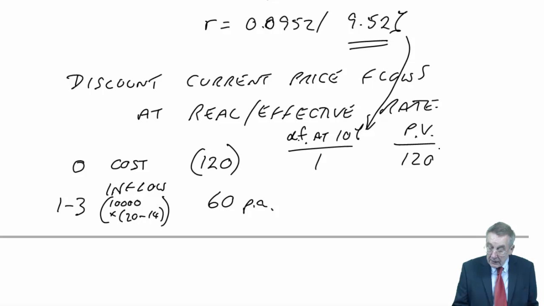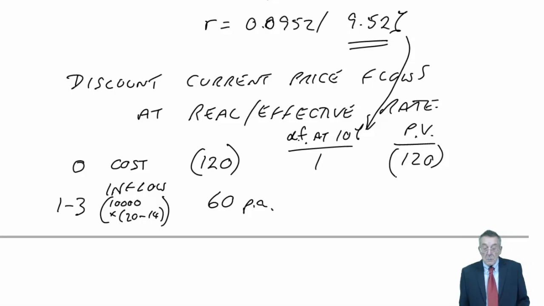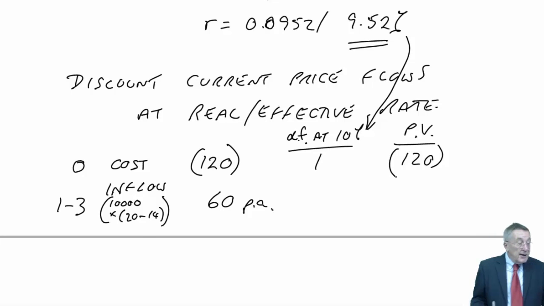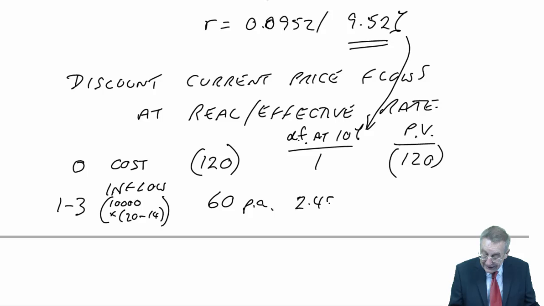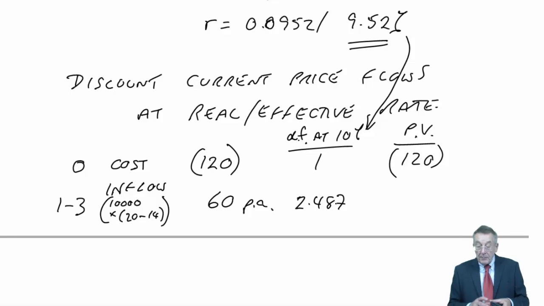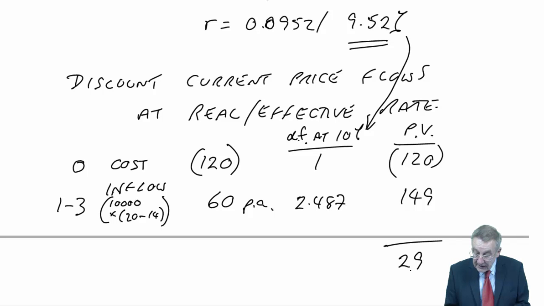Well, 120 discounts to 120. The annuity, 3 years at 10%. We need our annuity tables. And for 3 years at 10, it's 2.487. And so the present value is 149. The net present value is 29.